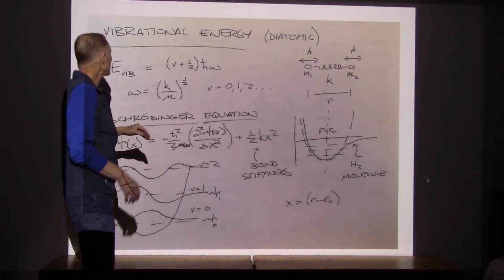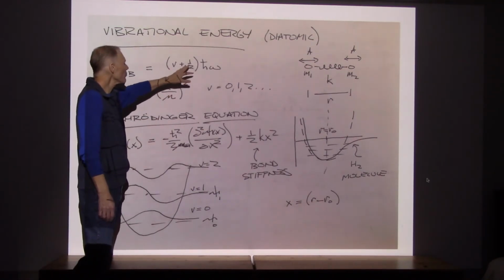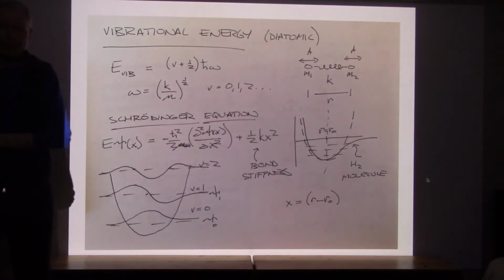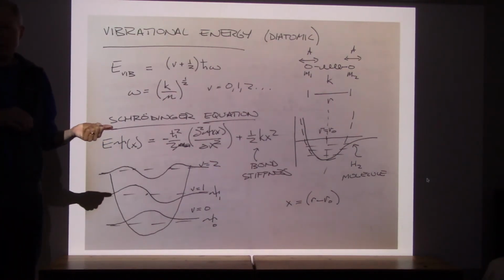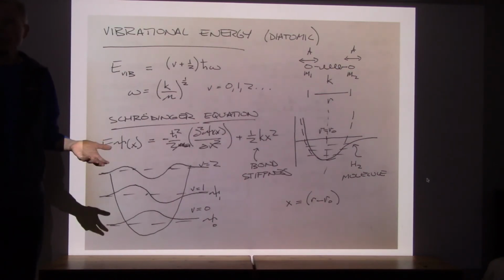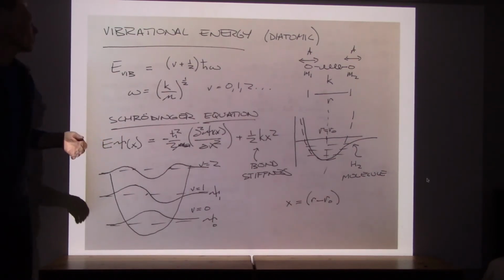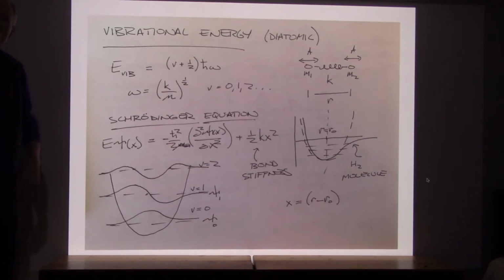But that's what 0-point energy says: if we took this molecule all the way down to absolute 0, shouldn't all the energy be gone? And quantum mechanics says no. As far as rotation, the prediction is yes, all the rotational energy is gone, but there's always going to be residual vibrational energy.